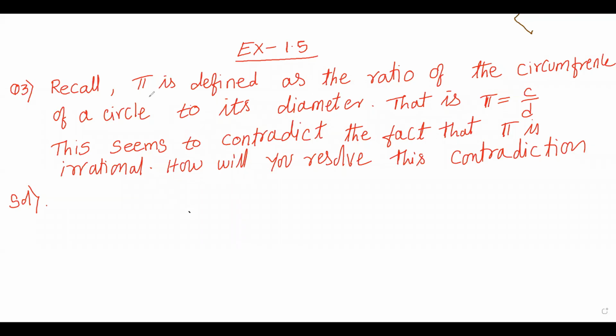In the next question, he is saying that pi is the ratio of circumference and diameter. Now see here, circumference of the circle by diameter.